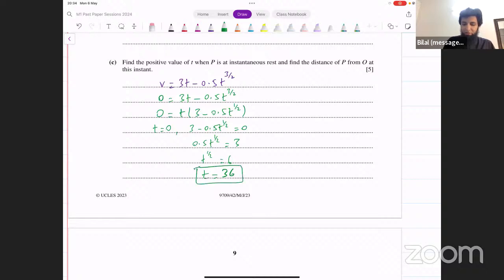Now that's one thing that you were looking for in this part. Now it says find the distance of p from O at this instant. Understanding the statement is extremely important. Distance of p from O. What does that mean?